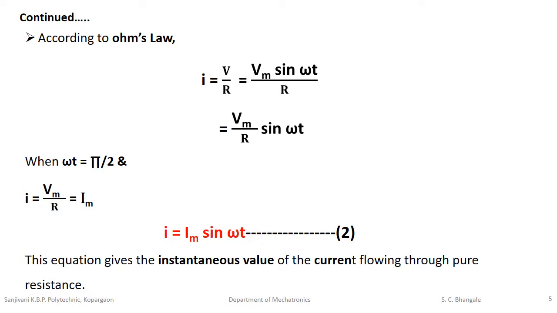When omega t equals pi by 2, current I equals Vm by R, which equals Im by Ohm's law, so we can rewrite the equation as I equals Im sin omega t. Let's say this is equation number 2. This equation gives the instantaneous value of the current which is flowing through pure resistance.